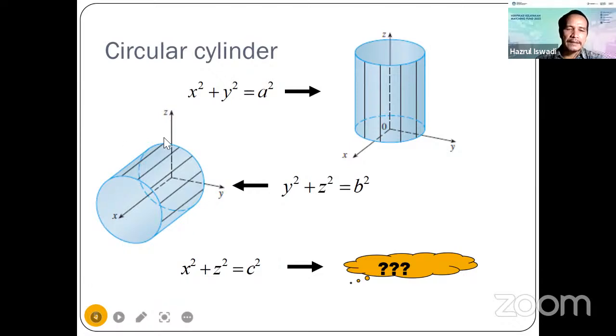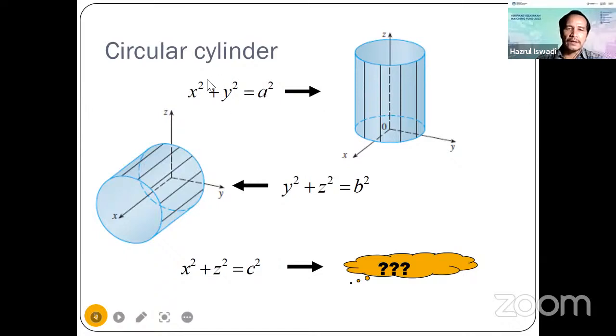On the left, we find that the generating curve is a circle in the YZ surface and moves along the x-axis. You can look at the formula of the circular cylinder in the first illustration: x square plus y square is equal to a square.